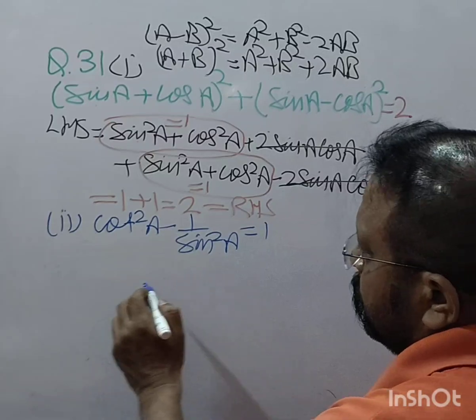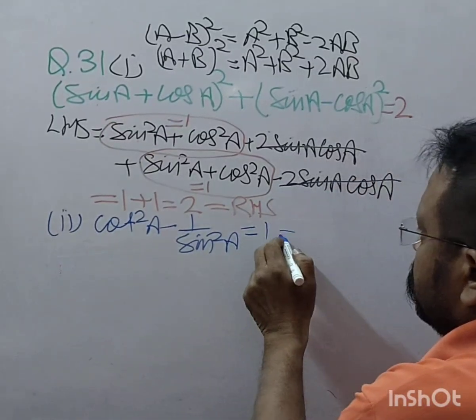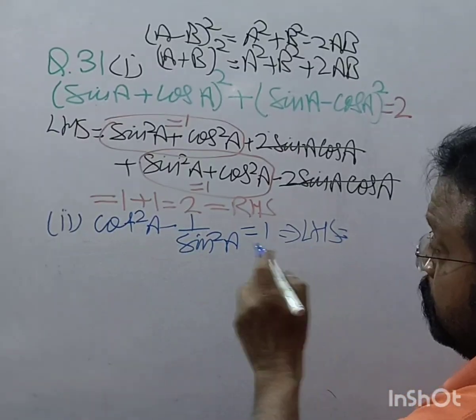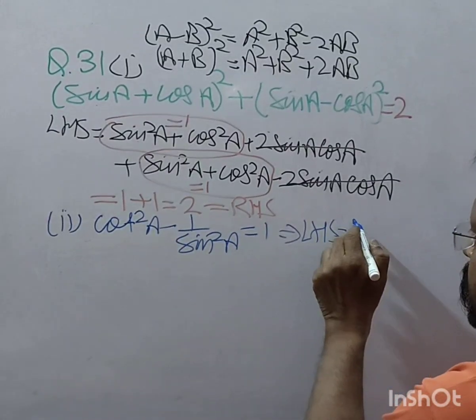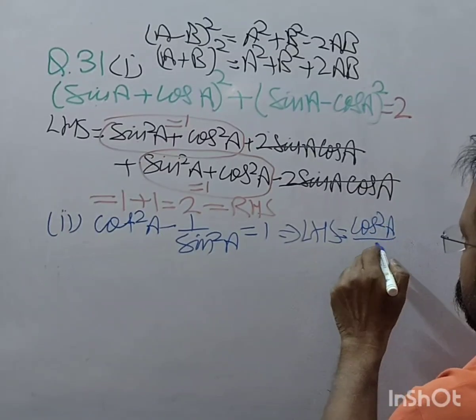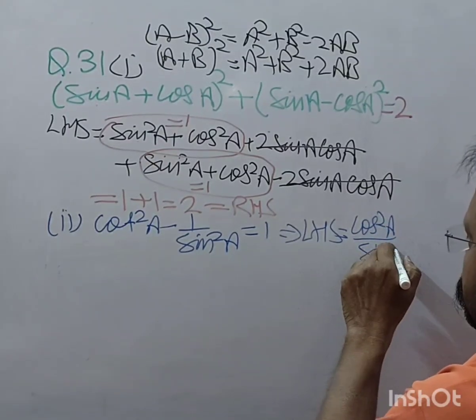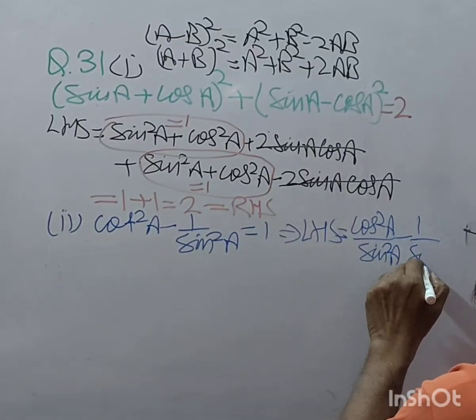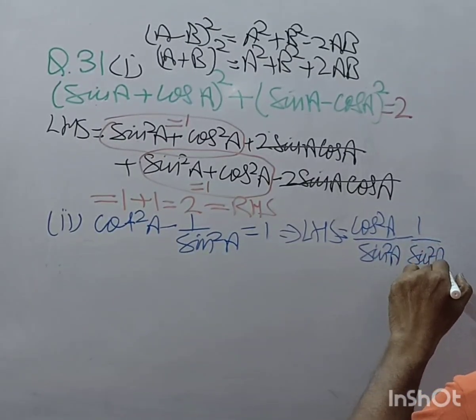Okay, so we take LHS here. Cot square A can be written as cos square A upon sin square A minus 1 upon sin square A. Is it?